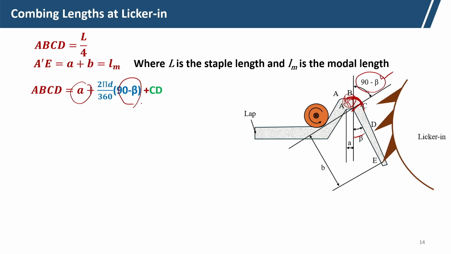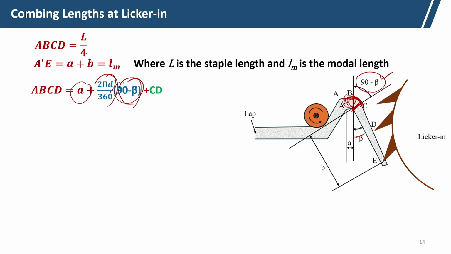So, 2 pi d by 360, where d means the depth thickness of the layer. So, r theta, this is the theta.